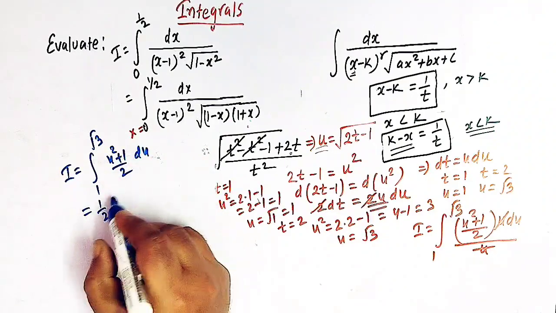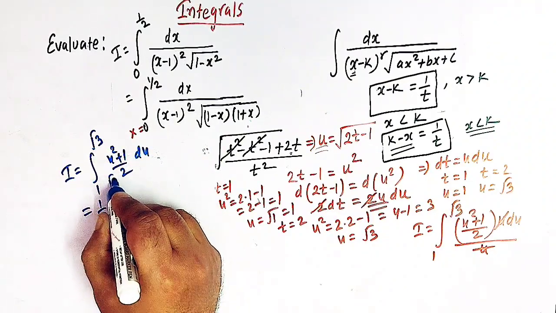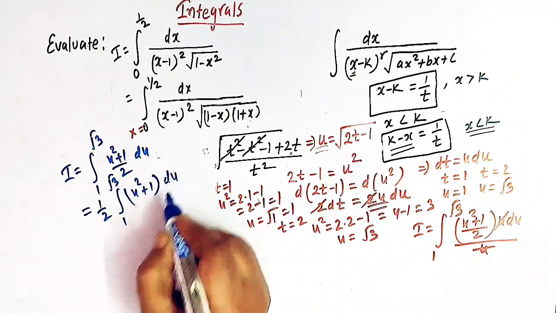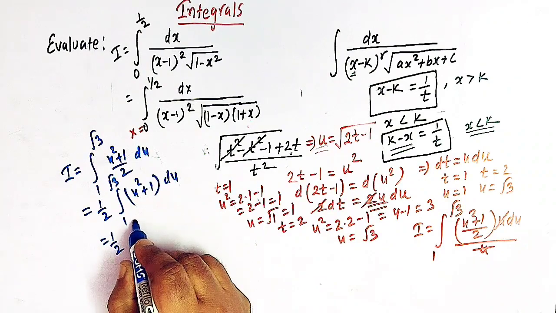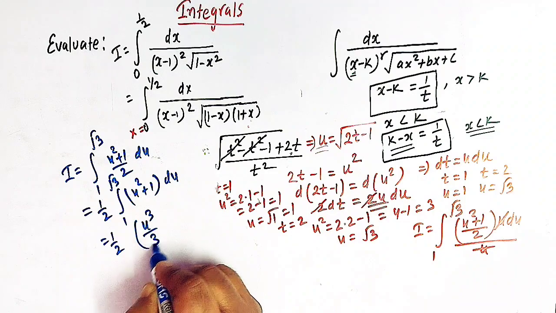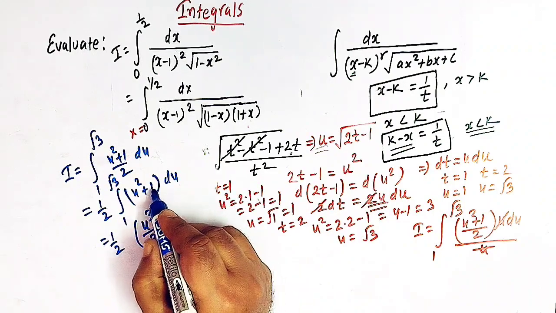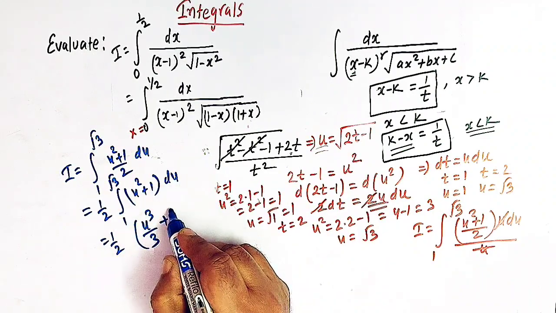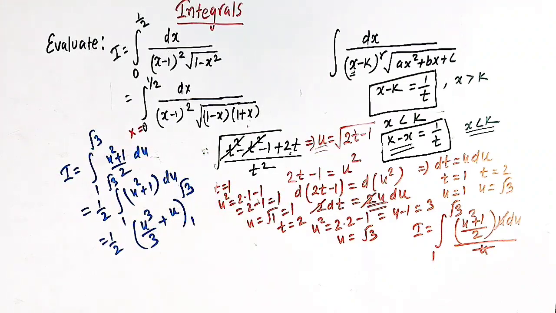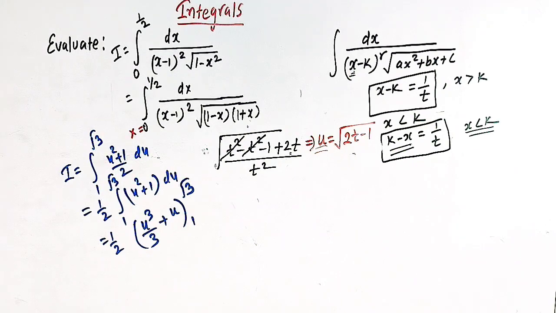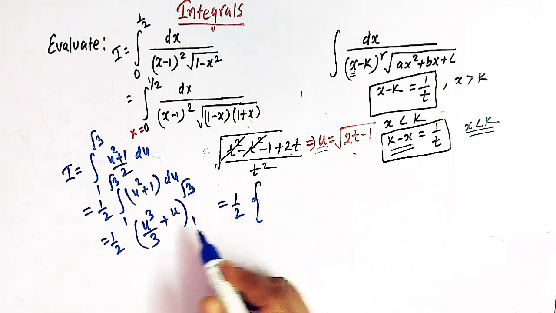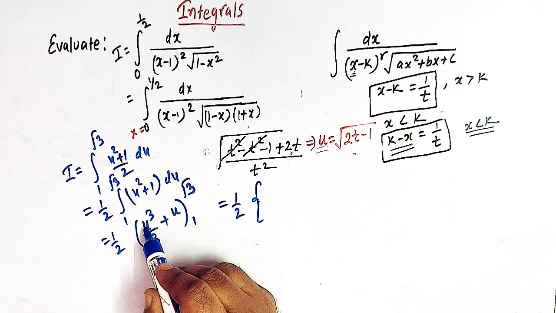Taking half outside, we have 1 to root 3 u square plus 1 du, and now we can find the integral of u square is simply u cube over 3, and here the integral of du is simply u, and limits are from 1 to square root of 3. So let us substitute the limits. So we'll take square root of 3 here.